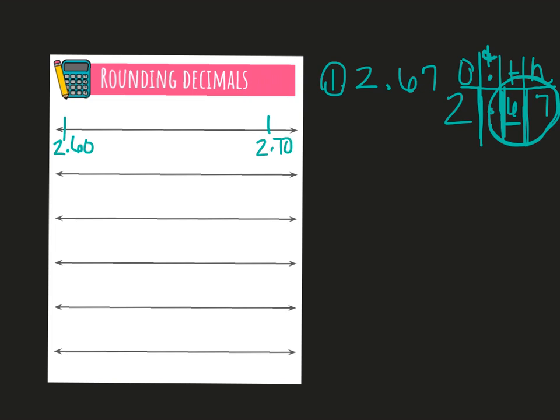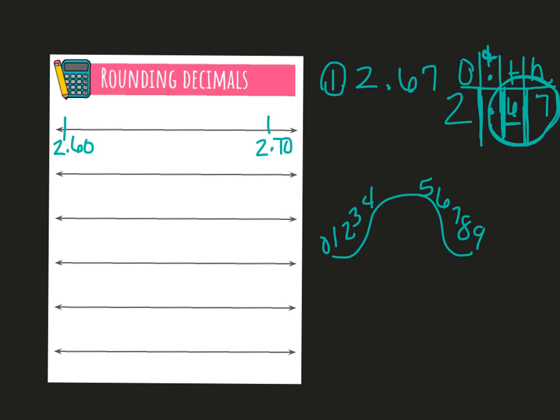Now, I always have to find what I call the halfway point. So what number is halfway between 60 and 70? Just like in our rounding coaster, if you remember, we have 0, 1, 2, 3, 4, and you have 5, 6, 7, 8, 9.